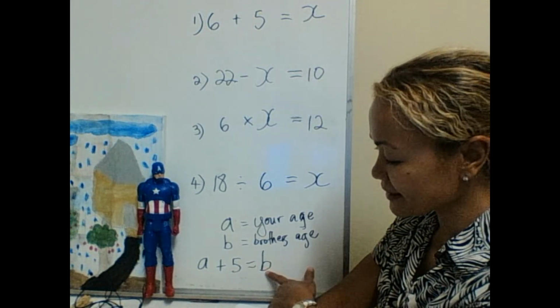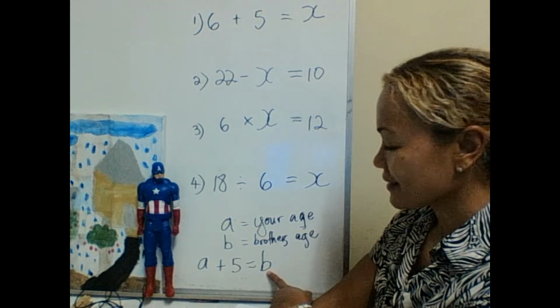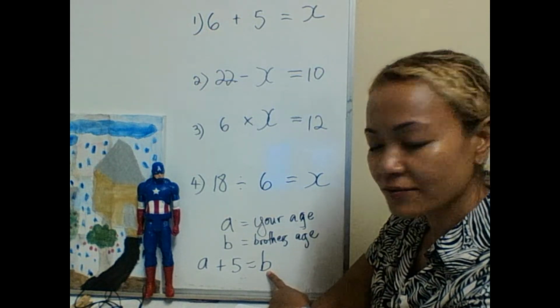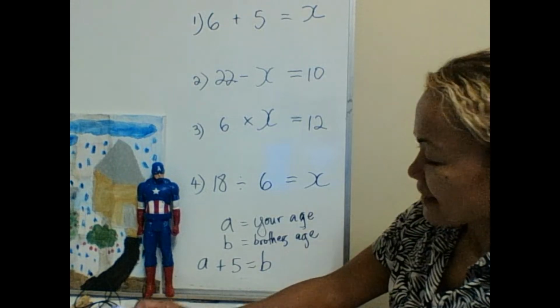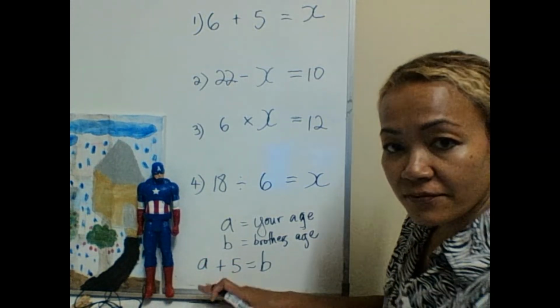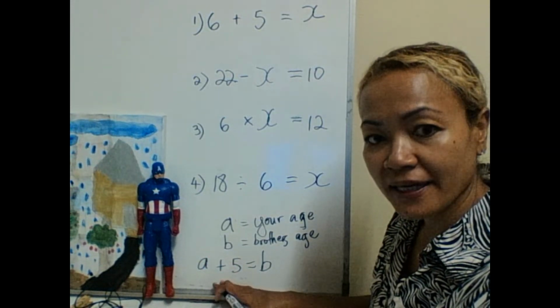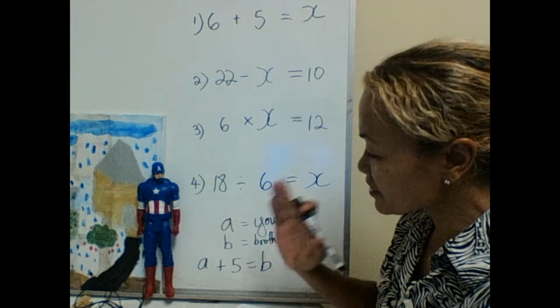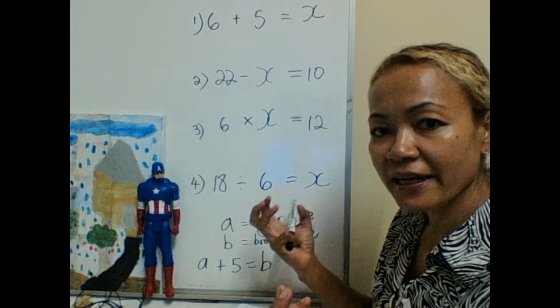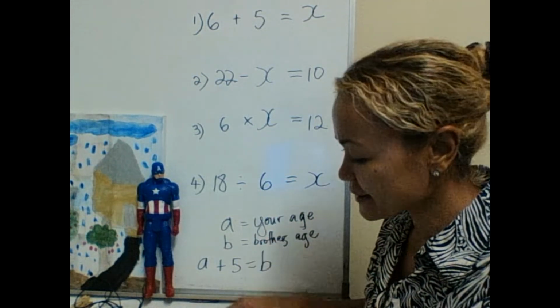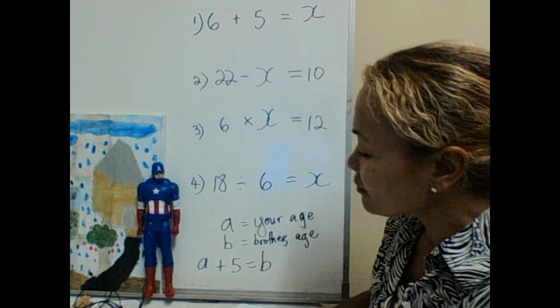So a variable is something you don't know the value of. And so that's the very simple everyday example I can show you right away, just to introduce you to the idea of variables showing a relationship between two different things.